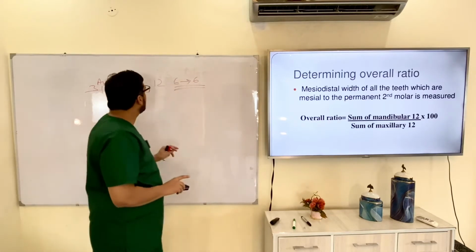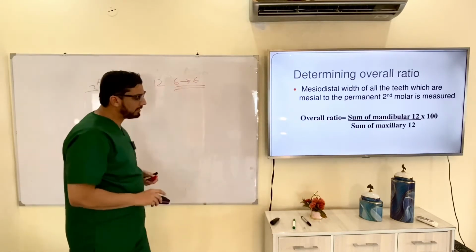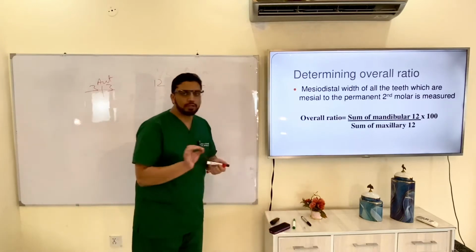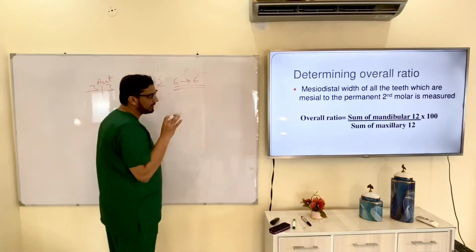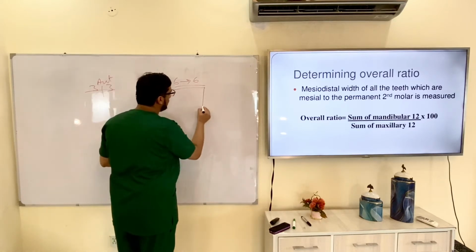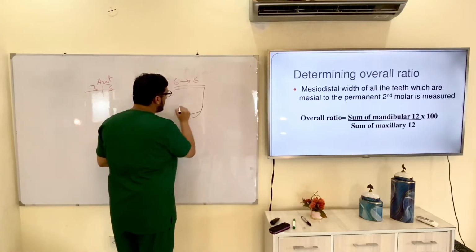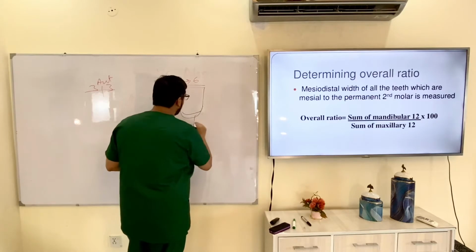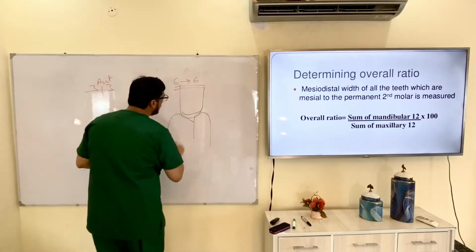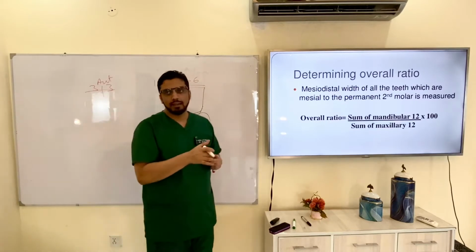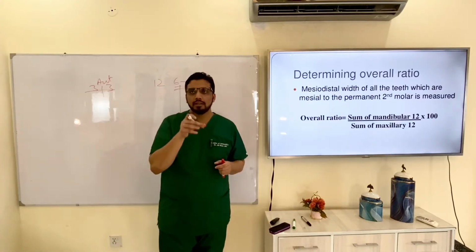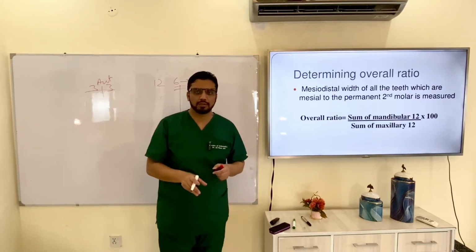Okay? But if you have this discrepancy in the posterior teeth, you would have an issue with the cusp to fossa relationship. For the ideal situation, one cusp of a tooth must be sitting in between the teeth, either buccally in the embrasure space or in the central fossa of the teeth.